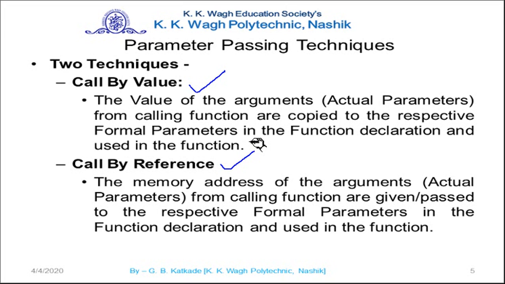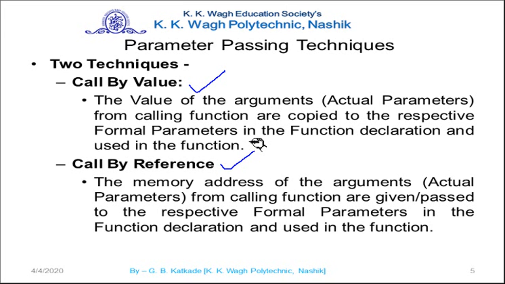In call by reference, rather than passing the value, the memory address of the arguments from the calling function, the actual parameters, is given to the respective formal parameters in the called function.